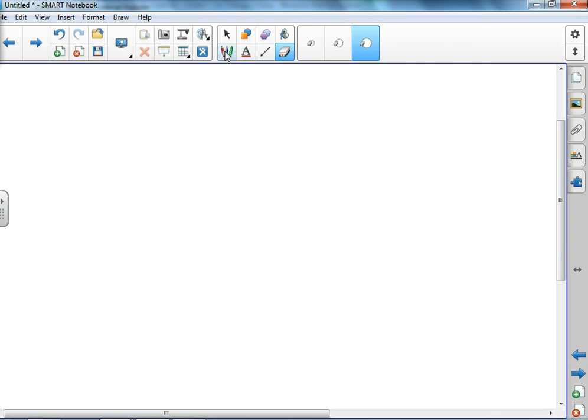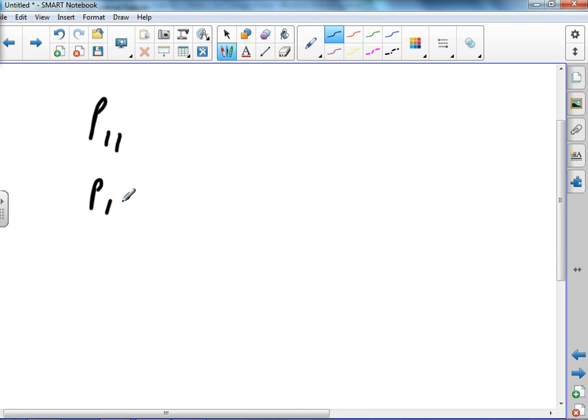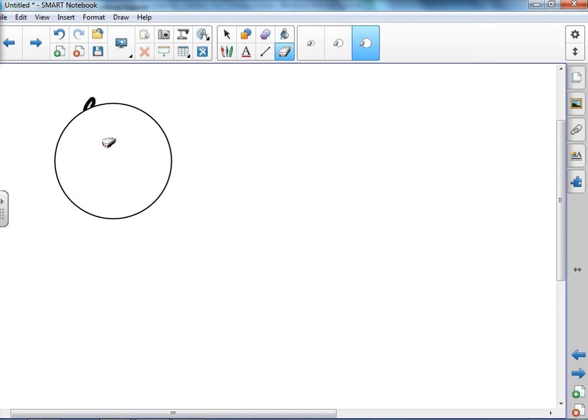So the first procedure could be P1, 1, or P1, 1, P1, 2. Okay. I think it's time to do it with a graph. What do you think?